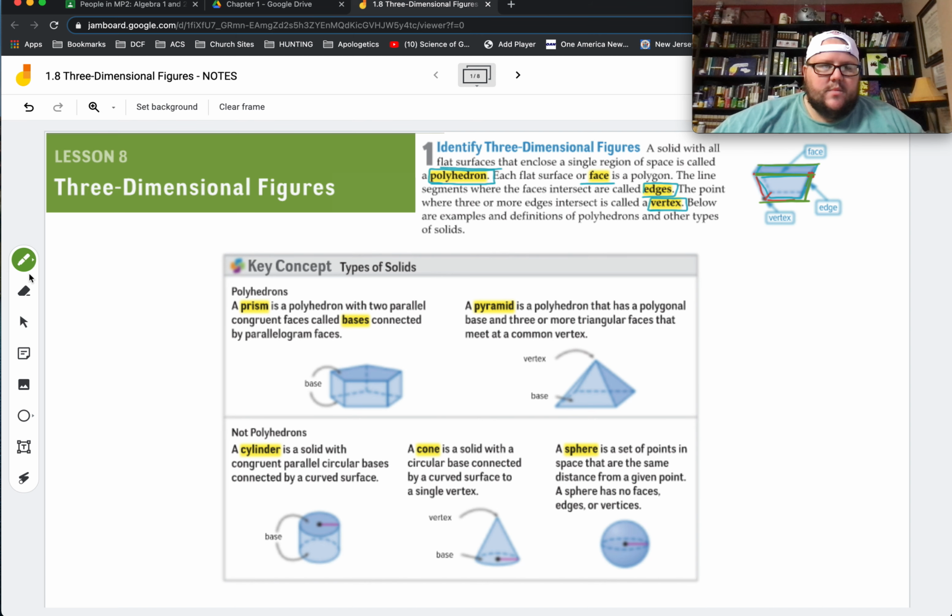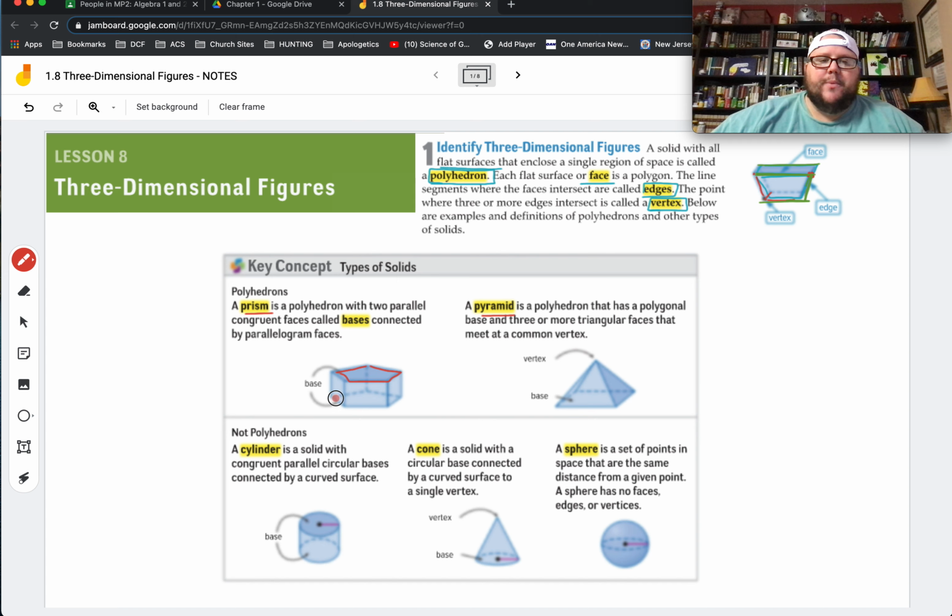All right. So polyhedrons, we can either have a prism or we can have a pyramid. A prism is a polyhedron with two parallel congruent faces. That means the two bases are the same. If you look at this top base, it is a pentagon: 1, 2, 3, 4, 5.